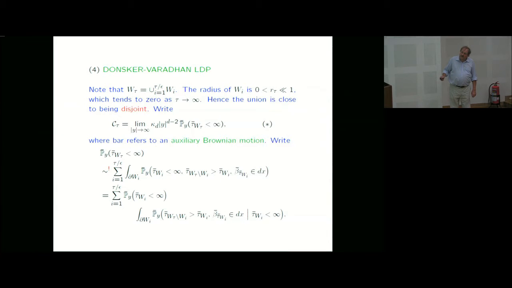Okay, and here I use the representation formula for capacity, saying the capacity of a set is the probability that I hit this set starting from very far, provided the very far is scaled away here, and I multiply by the capacity of the unit ball. So the capacity itself has a representation as a limit of something involving an auxiliary Brownian motion coming from far hitting this object.